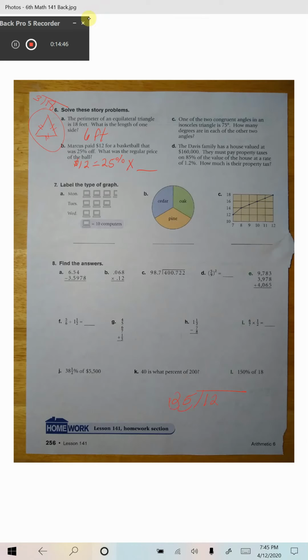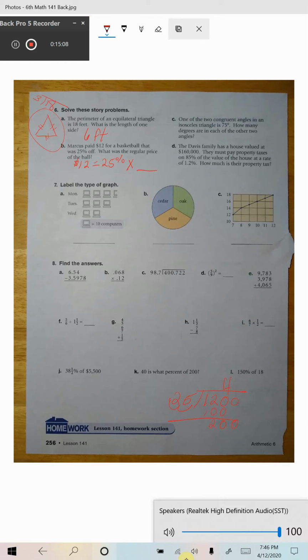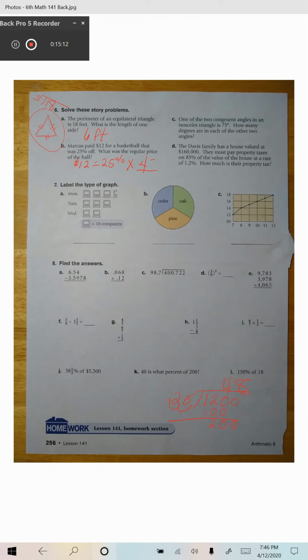Then I move that decimal over twice, move this over twice, it becomes 1,200 divided by 25. 25 goes into 120 just 4 times, and that's 100. I'm left with 20. Bring down that other 0. 25 goes into 200 8 times. So now I know that the original price of the ball was $48. Pretty cool the way you can do that.